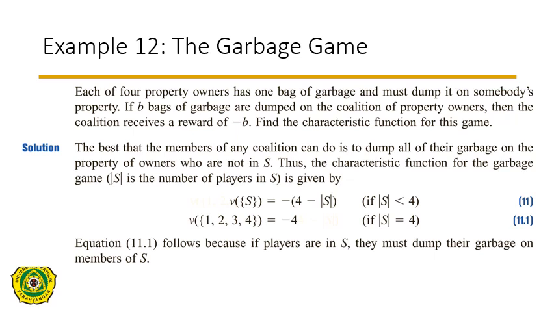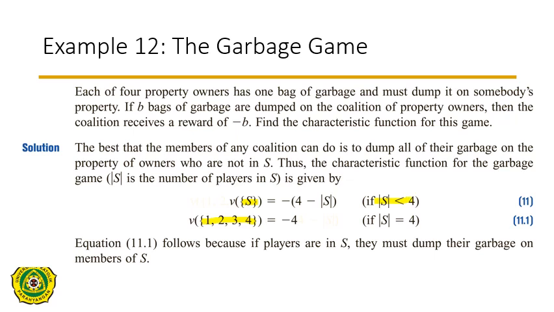Okay, same as before, we need to define all subsets of this game. We have 4 players, so the grand coalition is the coalition of all the 4 players. And then for the other subsets, based on the members in that subset, we can define V for the subset S if the number of members in S is less than 4.